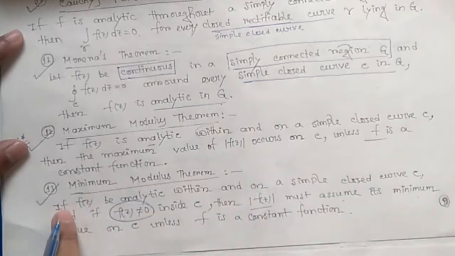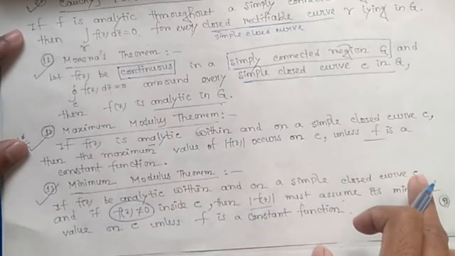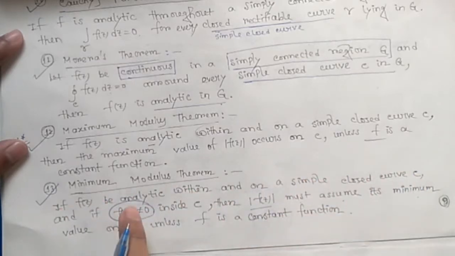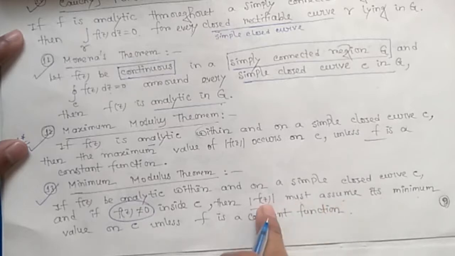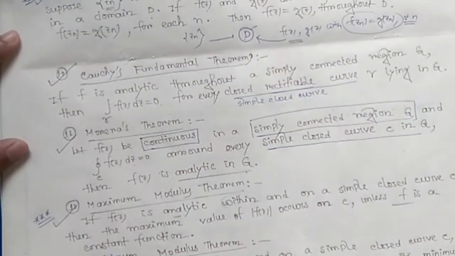That is, if the minimum value of mod f(z) does not occur on C, which is the boundary, then we can say f is a constant. This is the minimum modulus theorem.